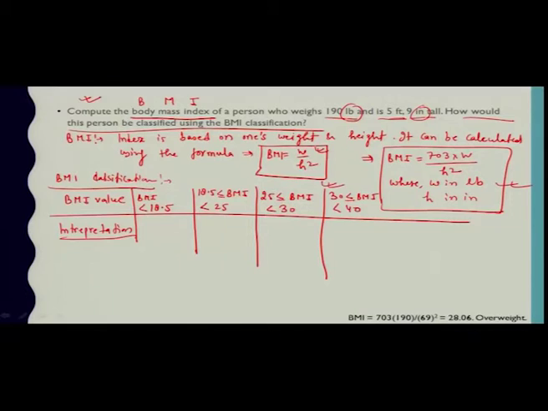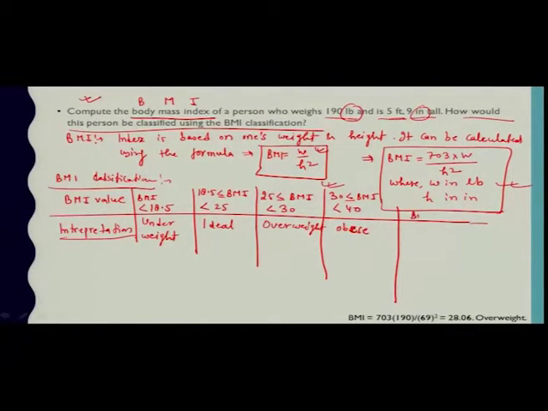If it is less than 18.5, your body will be underweight, and if it is in between 18.5 to 25, it is ideal. If it is between 25 to 30, you will be said to be overweight, and if you are in between 30 to 40, you will have somewhat of obesity.